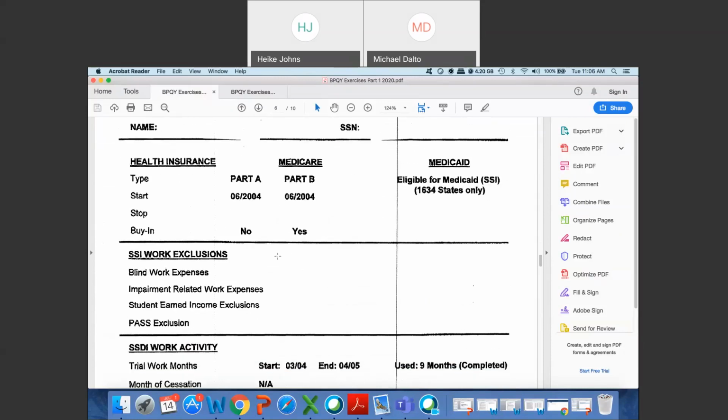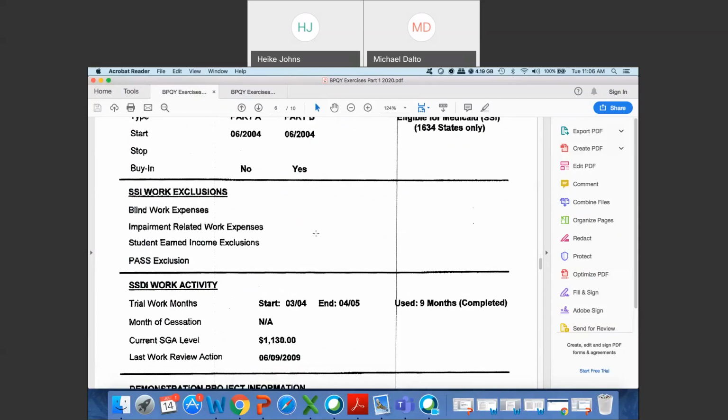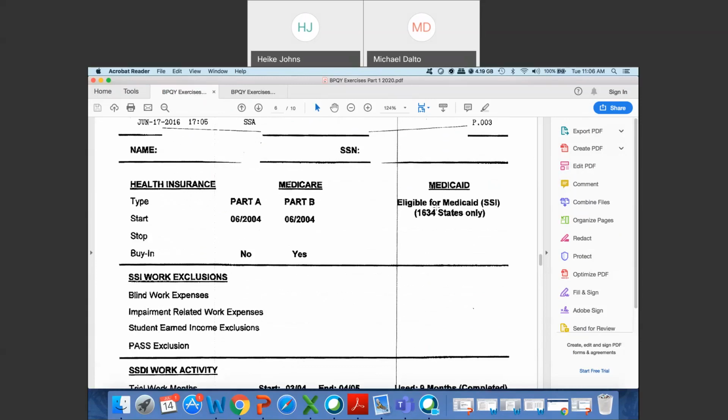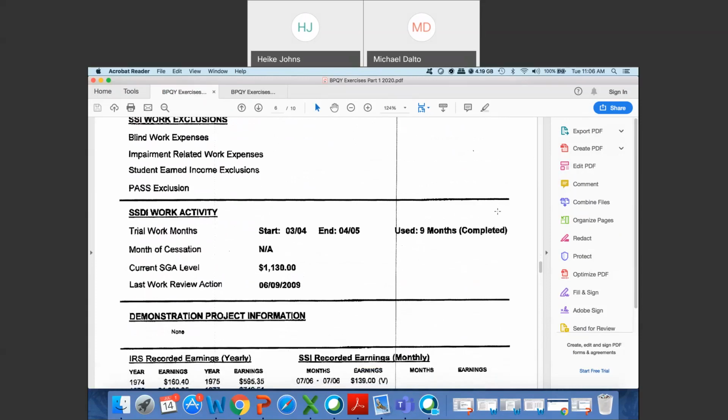They're getting a Part B buy-in, so there's a program paying their Medicare Part B premium. We see under Medicaid, eligible for Medicaid SSI, and in fact, this person should be receiving Medicaid or no health net by virtue of the SSI.